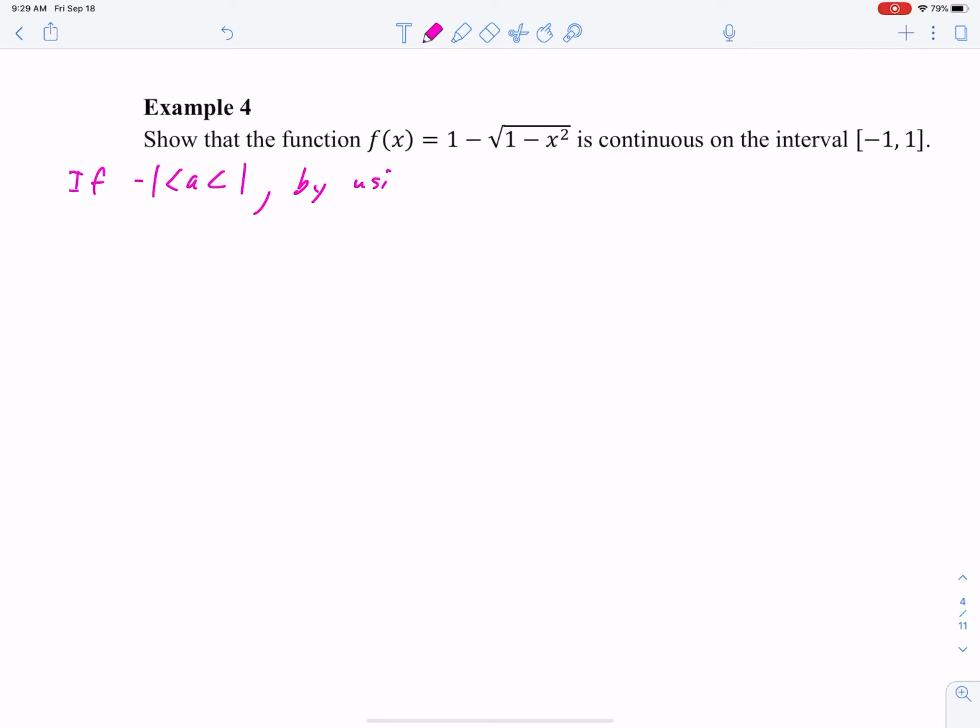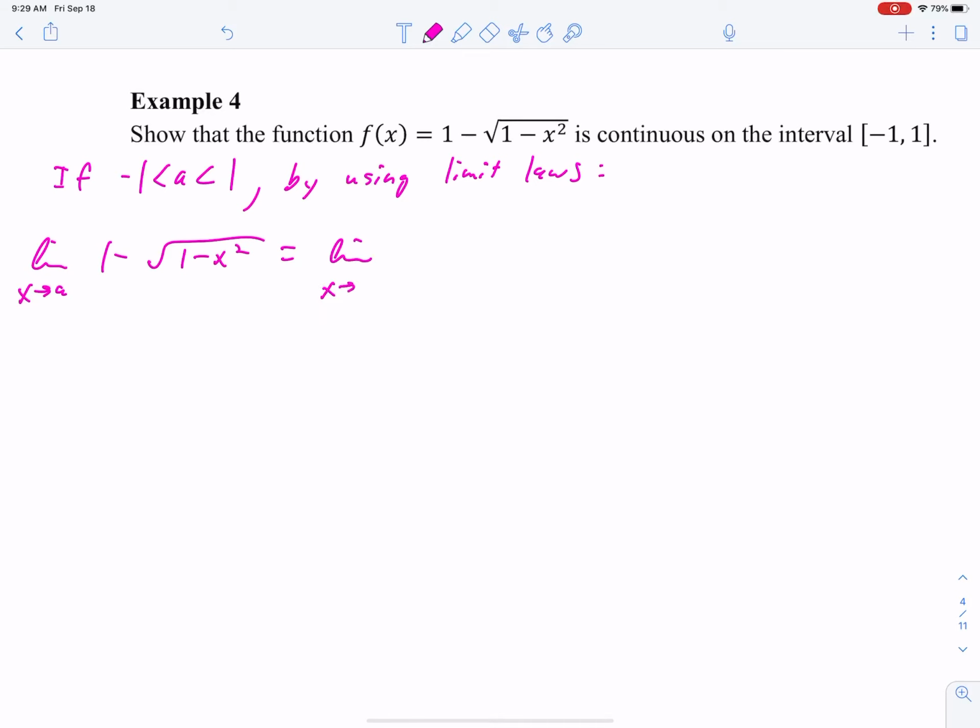All right, so if a is any value between -1 and 1, not including the endpoints, by using limit laws, we have this. The limit as x approaches a of the function we have here, 1 minus radical 1 minus x squared, equals the limit as x approaches a of 1 minus the limit as x approaches a of the radical 1 minus x squared.